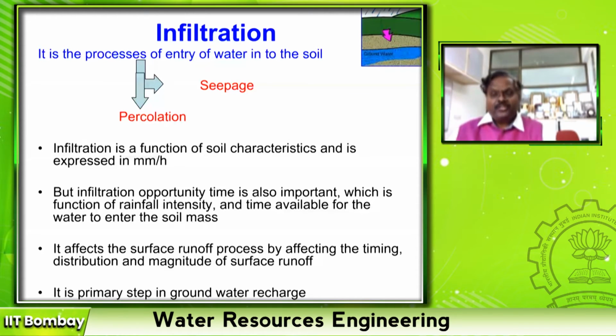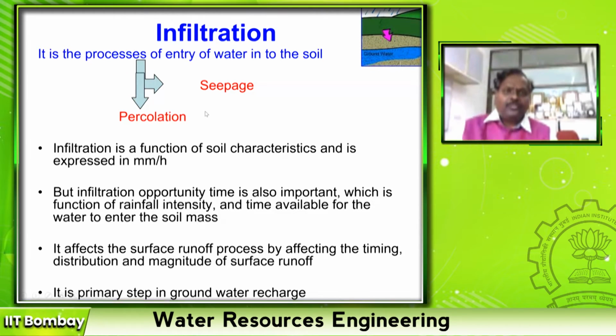Once it enters the ground, depending upon the geological condition, slope, and aquifer condition, the water can move deep downwards, and we call that process percolation, or it may take a horizontal move and we call that seepage. I think you have done seepage analysis also using an Electrical analogy model. That is horizontal movement of water, or at least not deep percolation.